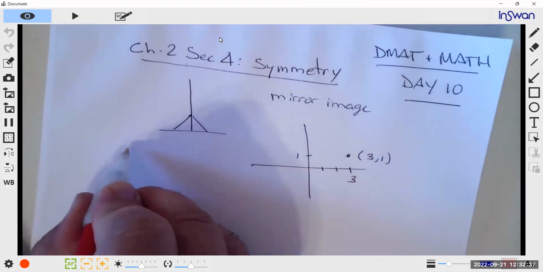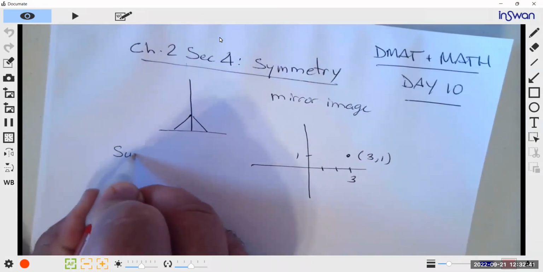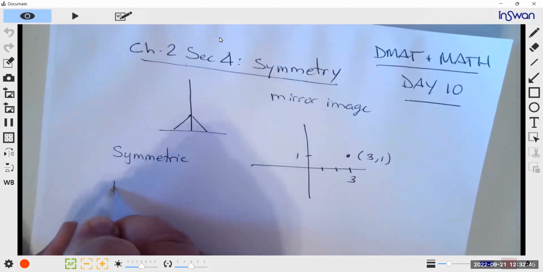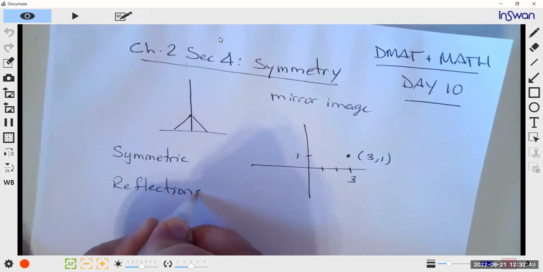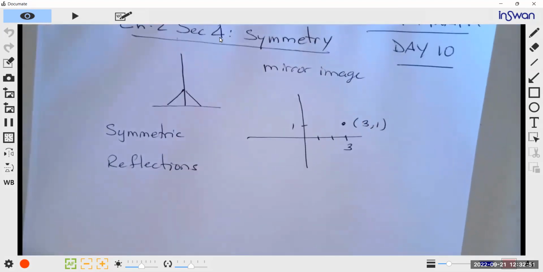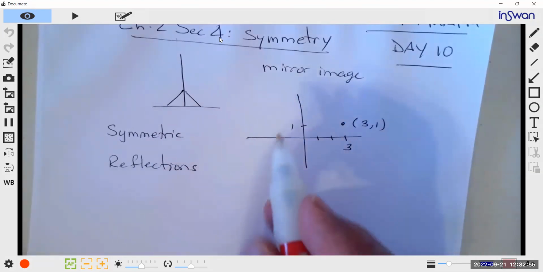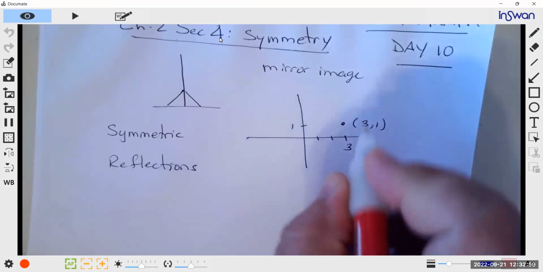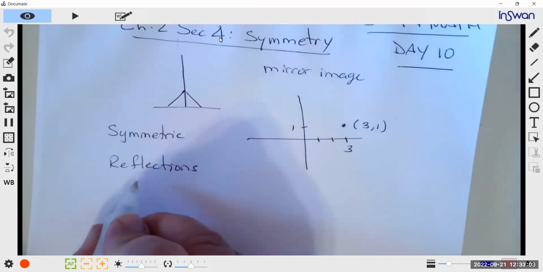If something is symmetric, we're going to look at what are called the reflections. So if it's symmetric, it has a mirror image. A reflection is just that. It's about one of three axes.